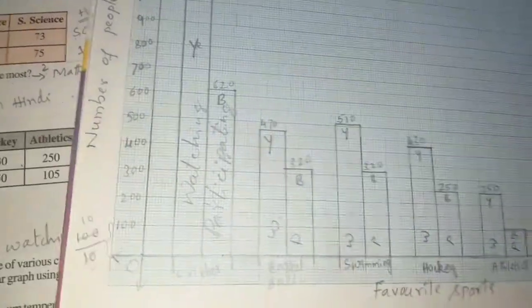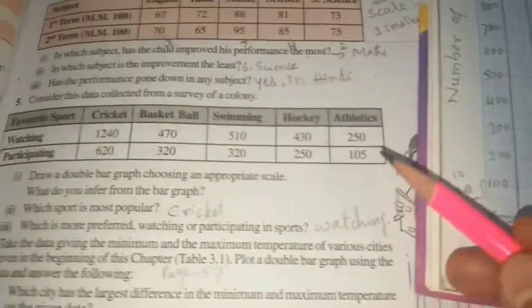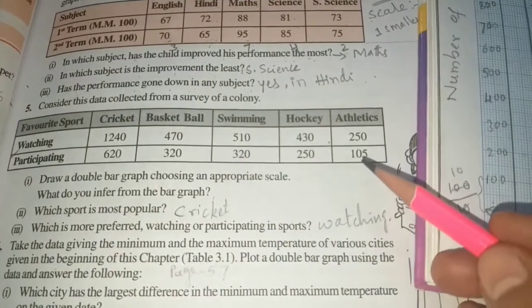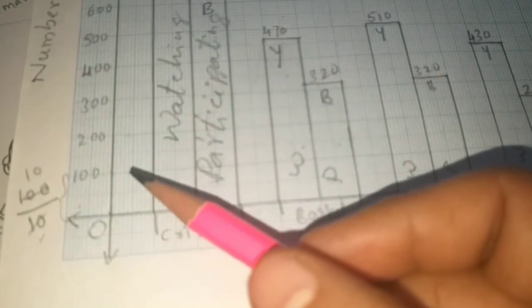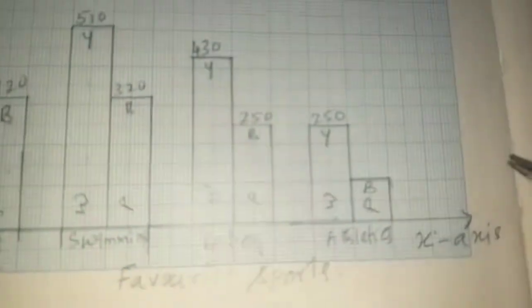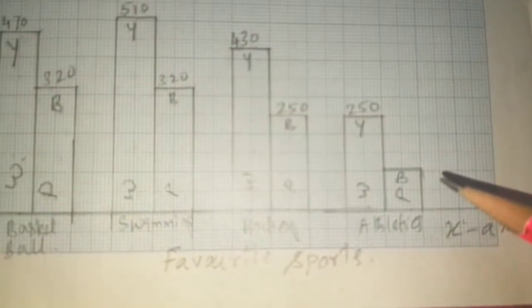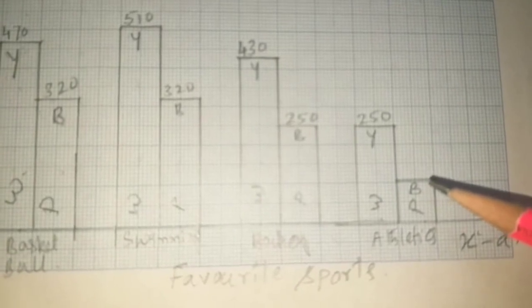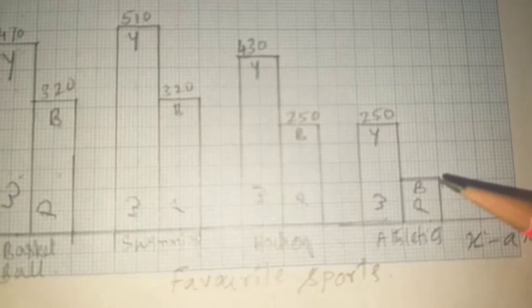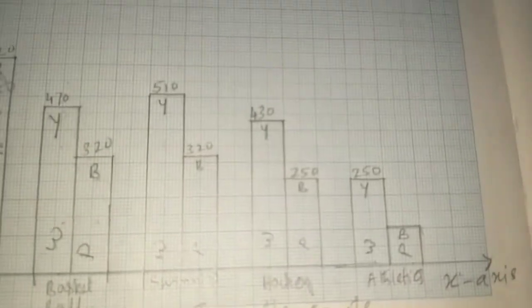See, one thing I want to show you. Athletics, number of people participating are 105. How to represent that? See, this is 100, right? Each smallest division is how much here? 10. So how did I represent it? See, the top of the bar is in between two smallest divisions.